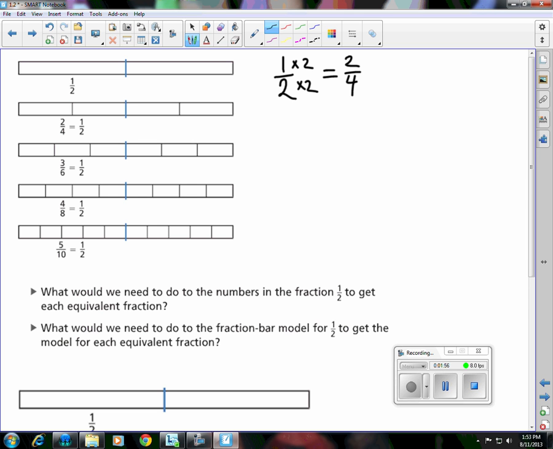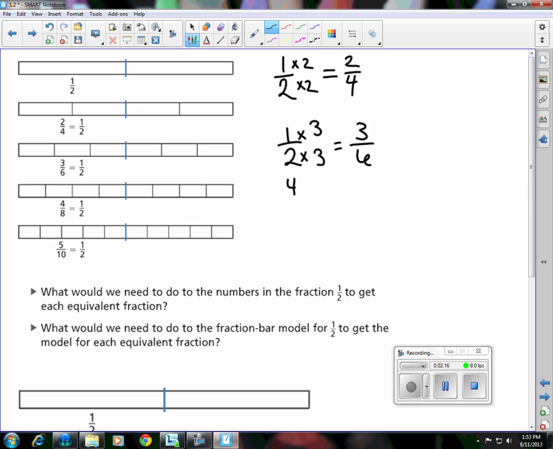Next one, let's go on. So 1/2 to get to 3/6. Well, what's my multiplier? What would I have to multiply 1/2 by to get to 3/6? In order to get to 3/6, I would multiply by 3. And again, whatever I do to the denominator, I've got to do to the numerator.